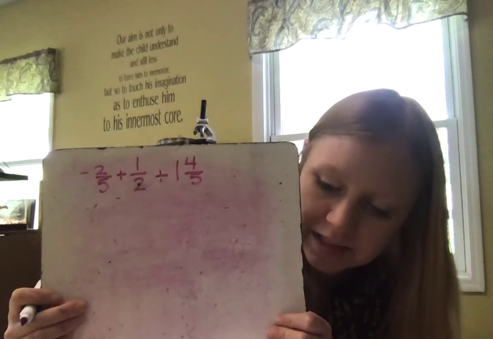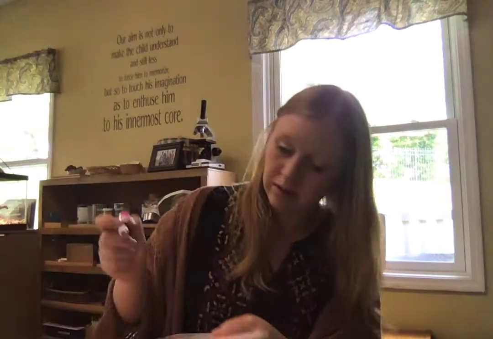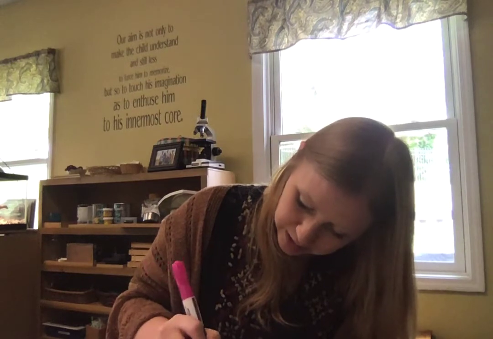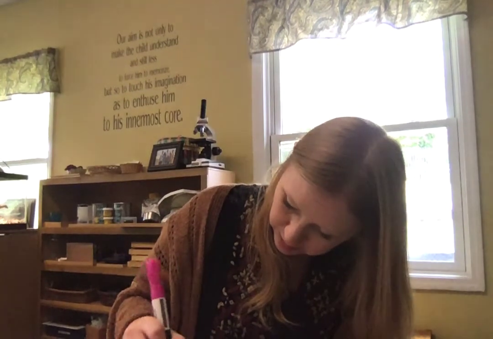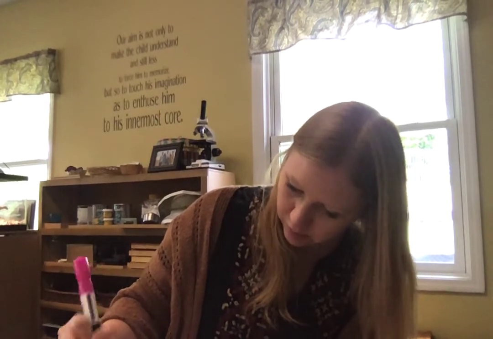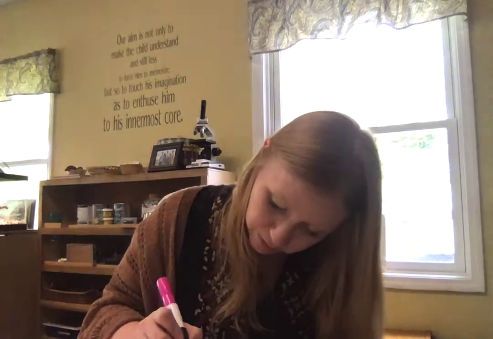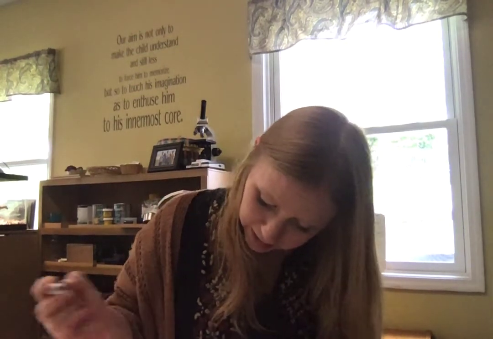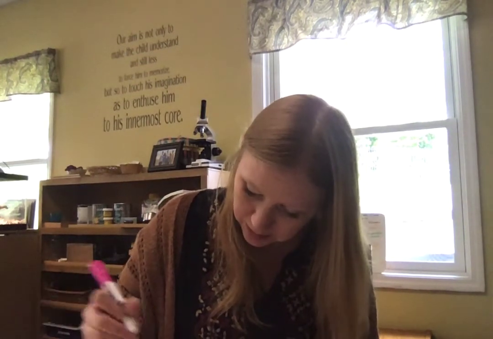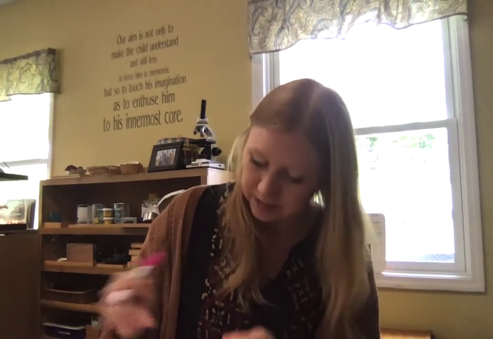Seth, what is my common denominator between 5 and 2? 10. So I have negative something tenths plus something tenths plus 1 and something tenths. So 5 goes into 10 2 times. 2 times 2 is 4. I get negative 4 tenths plus 5 tenths plus 1 and 8 tenths.